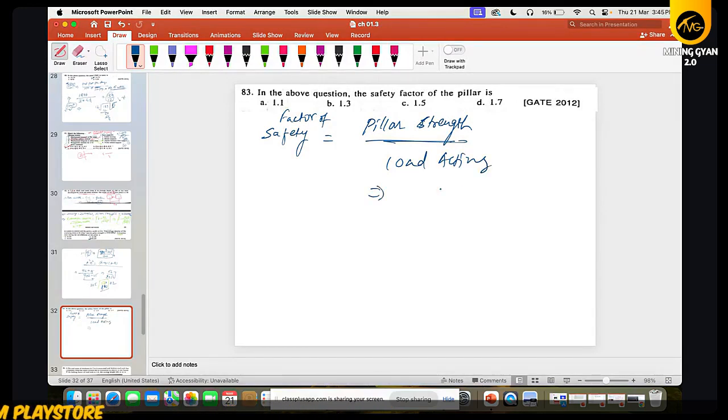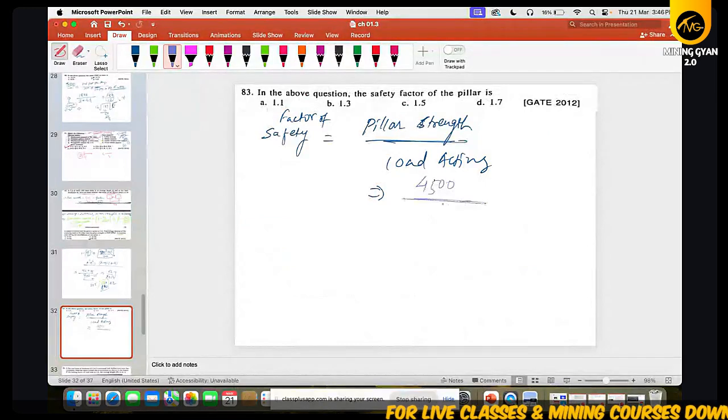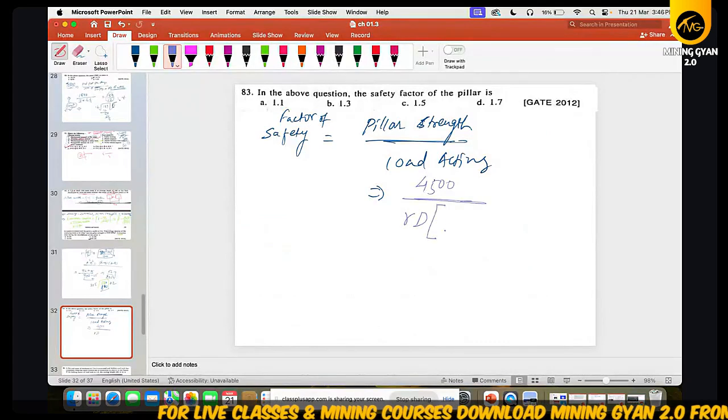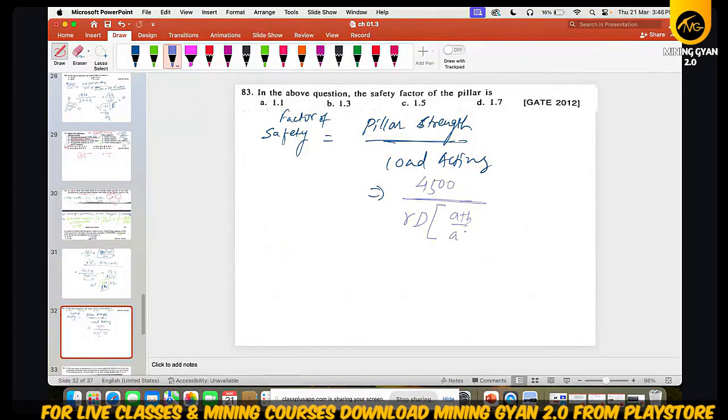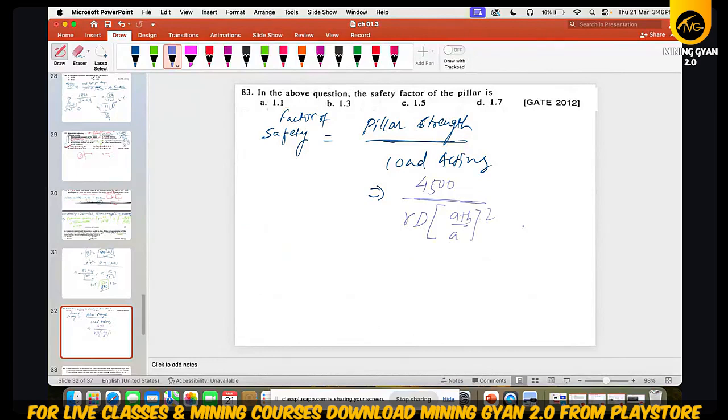So pillar strength they have provided as 4500, divided by the load acting. If you remember the formula, it will be gamma times H times (a plus b) by a, squared. This is your formula, where this is the density and this is the depth.